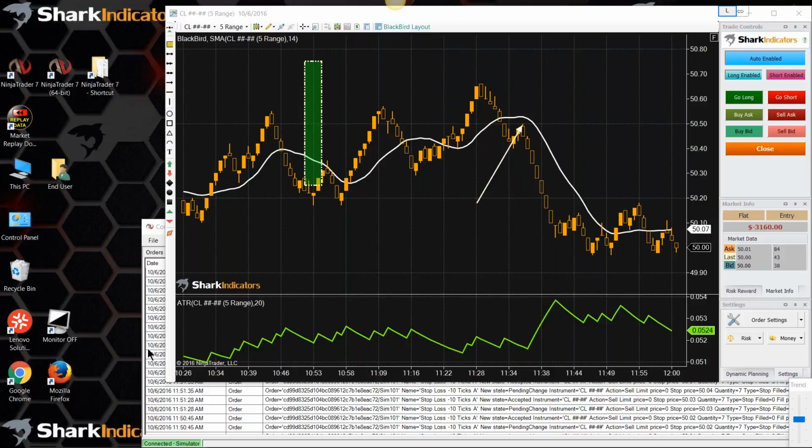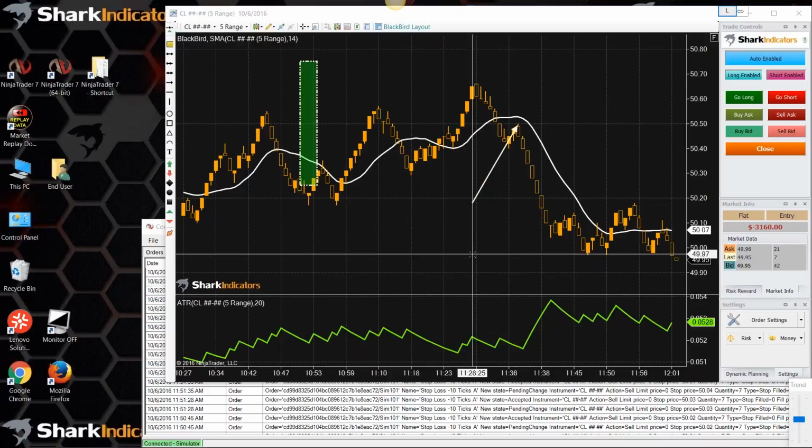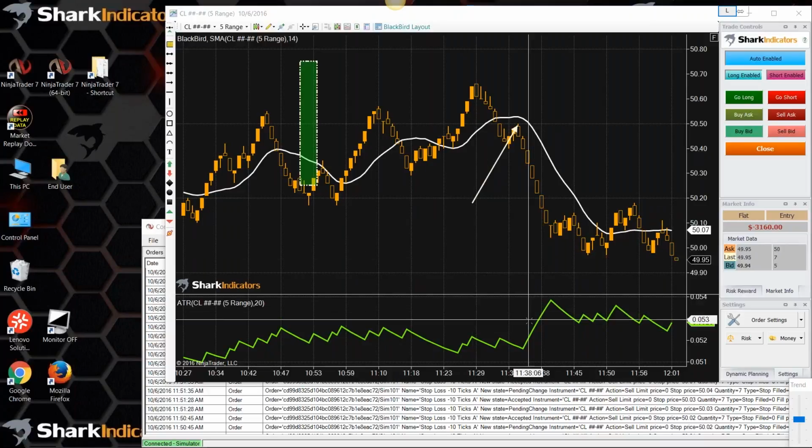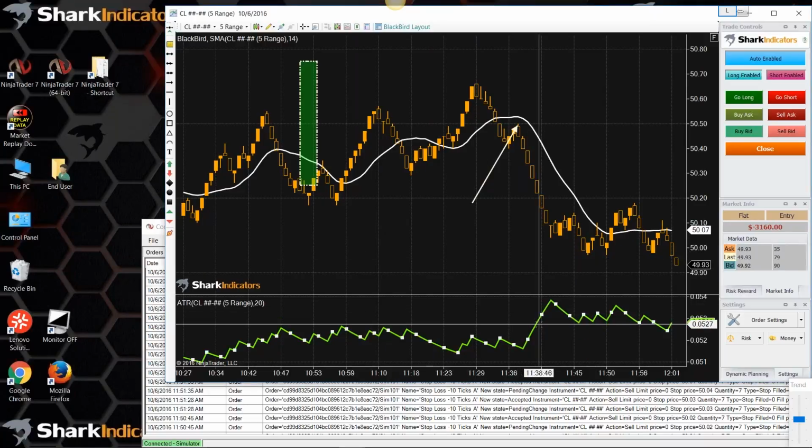All right, so Jeff would like to see the ATR stop price on the chart panel. Well, Jeff, you'd have to create your own custom indicator to do that. So if you want to translate the ATR indicator into actual prices on the chart, you'd have to write your own custom indicator to do that.